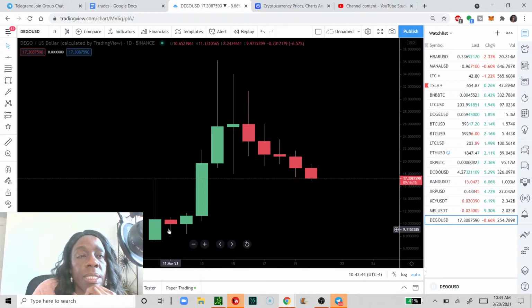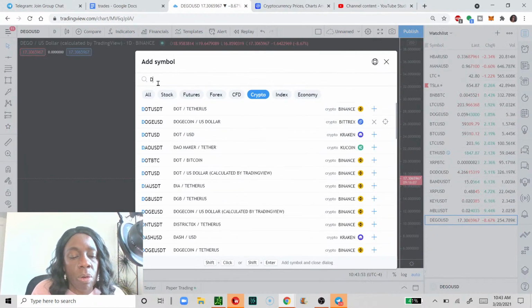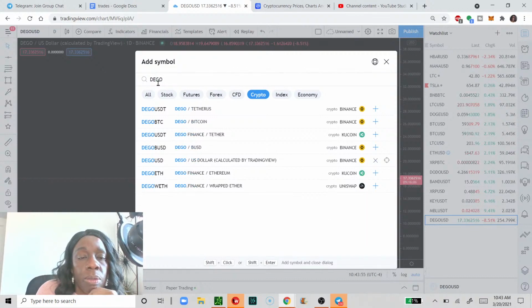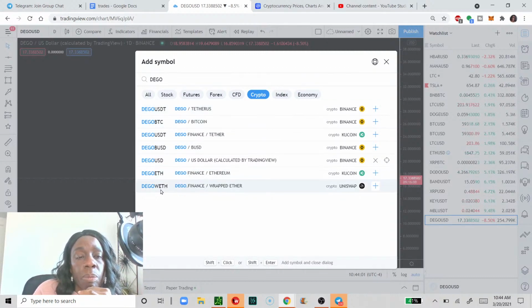Well, see, this is a pretty new coin on Binance. Now that's the thing when you're searching for a coin. When we search for the coin, this is on TradingView, it shows you the different pairs the coin comes with, and the different platforms where you're going to have these coins.